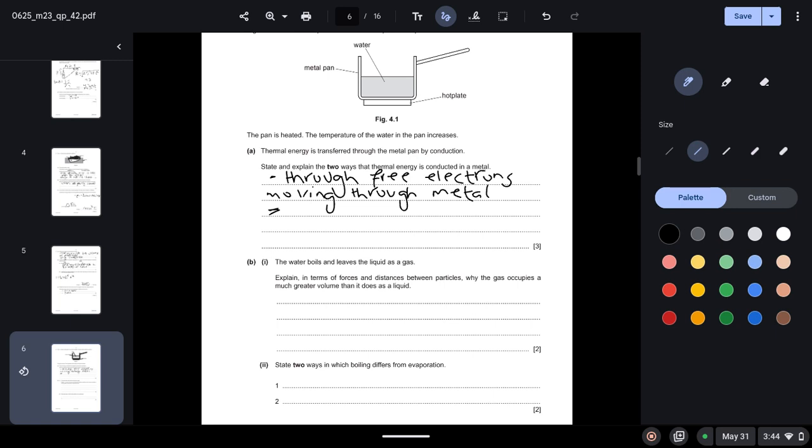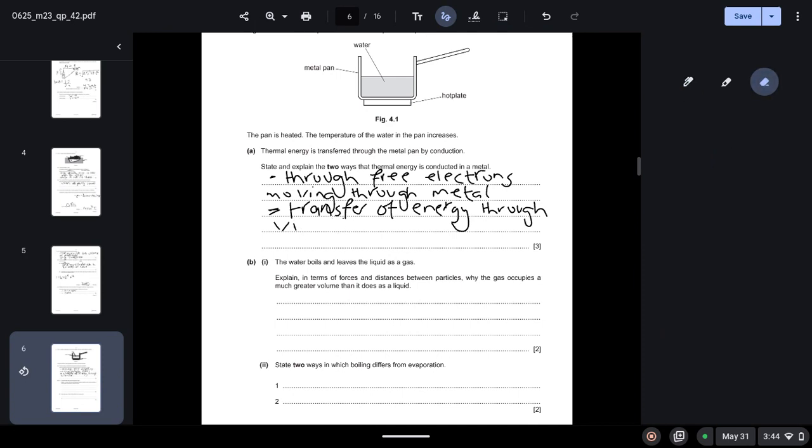Because it is a solid, all the atoms or the particles are very close together, so when they vibrate, they transfer the energy to the neighboring particle. Or rather, you can call it lattice vibration.